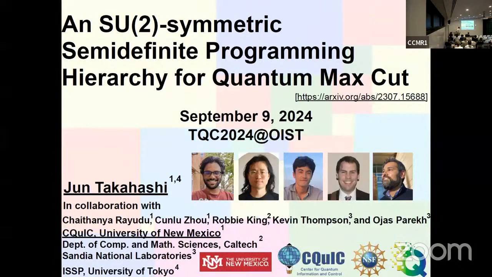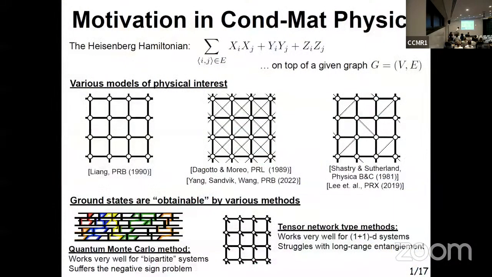So we already had a nice talk by Eunou Lee about quantum max cut. So I don't really need to introduce the computer science side of it, I guess, but I can still motivate why it's an interesting problem from the physics side, because I come from a condensed matter physics background.